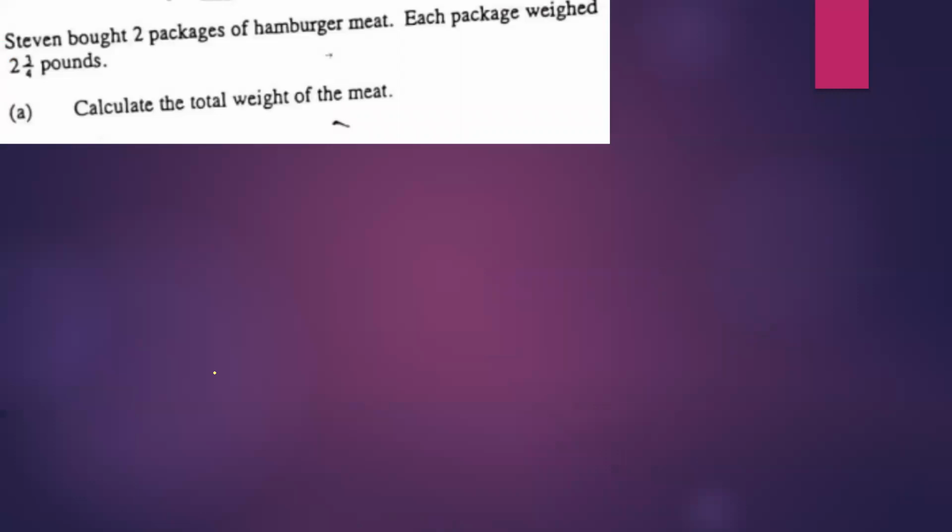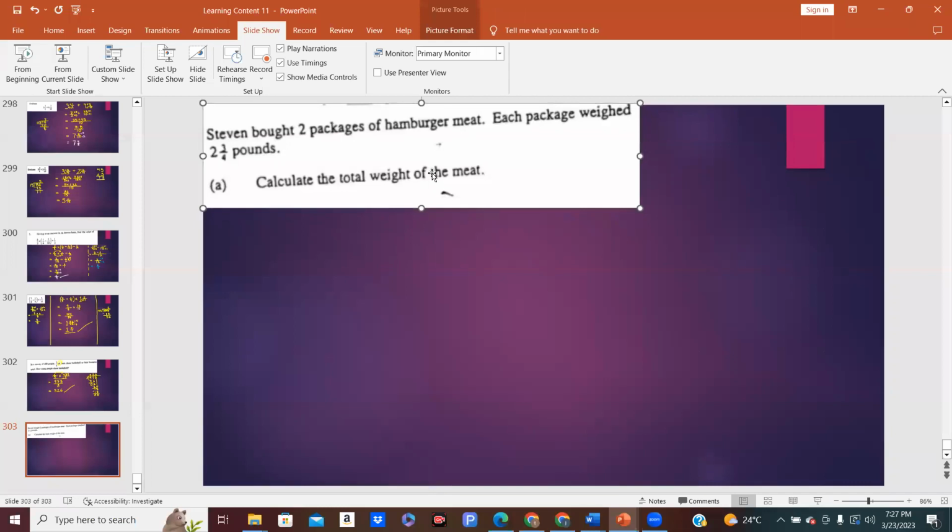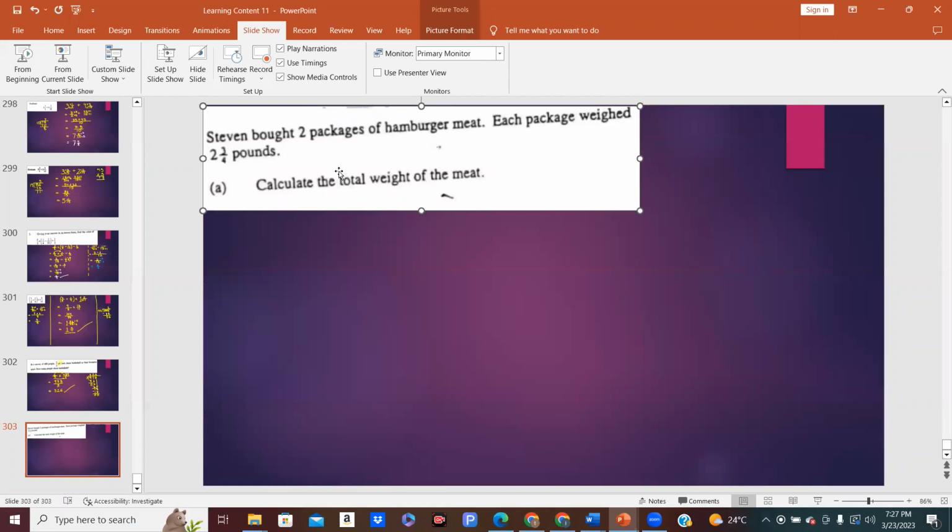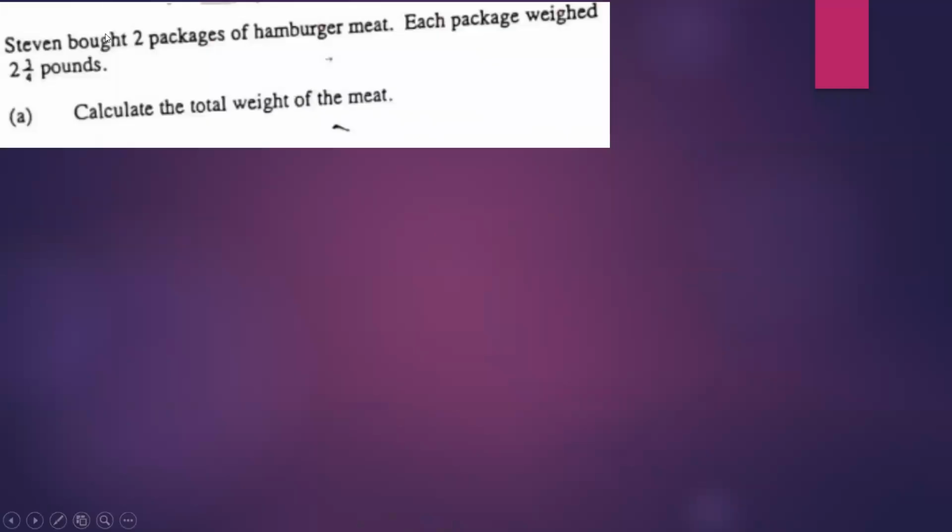We're gonna multiply the 2 and 3/4 by 2, because we have 2 packages.